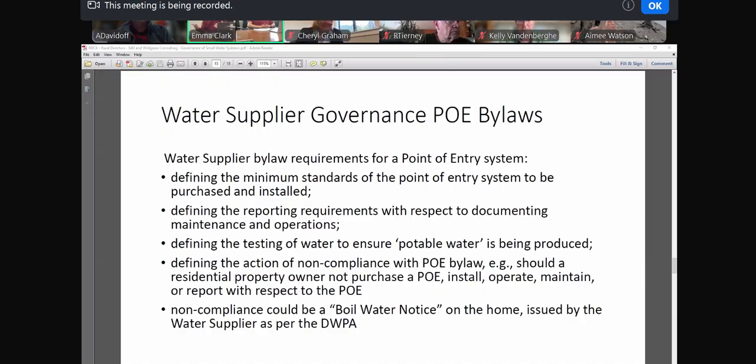And if you're building a new community, it may make sense to say it's cheaper to go central treatment, depending on how you're doing things. Also, what are your other water uses? With central treatment, you're potentially treating a large volume of water that is not used for human consumption. So it's really important to think about all these factors that come into the question of what risk we are managing.